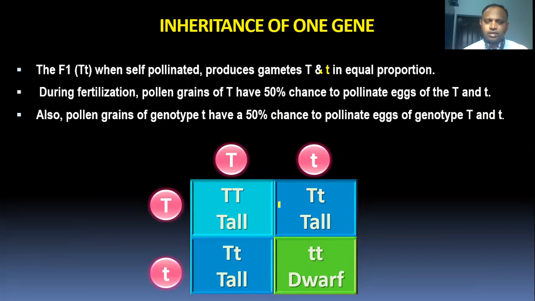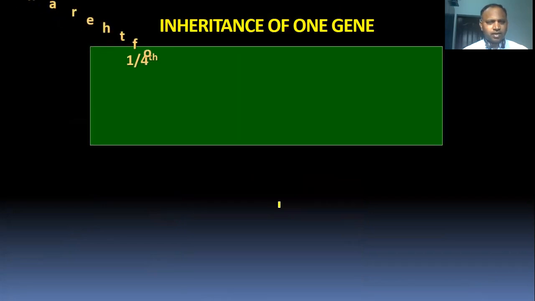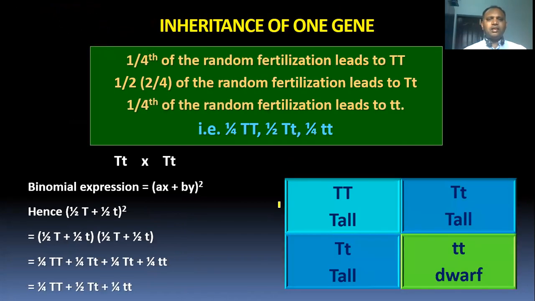That's why we are getting 3 plants tall and only 1 plant dwarf, right? And you see here the very important slide. In random fertilization, one fourth leads to caps T caps T, out of 4 choices.